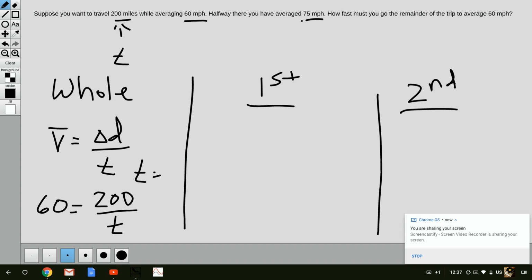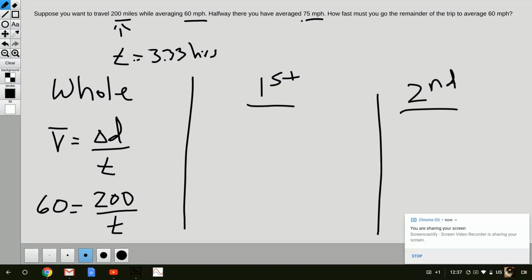But let me just run it through a calculator to be sure. And yeah, okay, so let's erase this, and I'll write it over here somewhere, that the total time ends up being 3.33 hours.